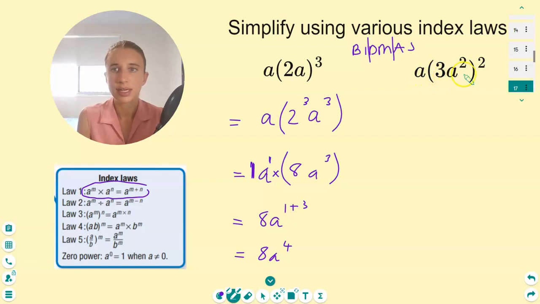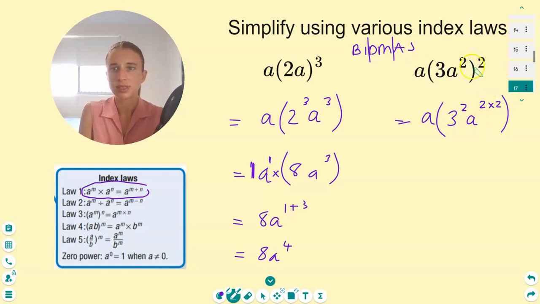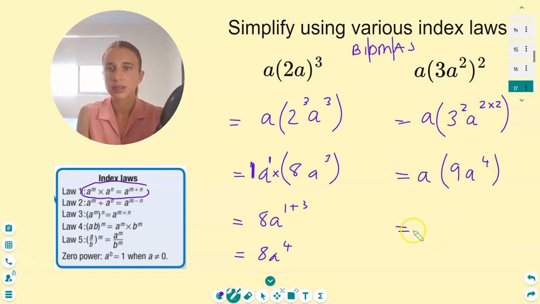Let's check this out: 3a squared, all squared. Again, BIDMAS guides us. Expand those brackets. 3 squared, a to the 2 timesing those powers, because it's the power of a power rule. Let's make it a bit simpler inside those brackets.